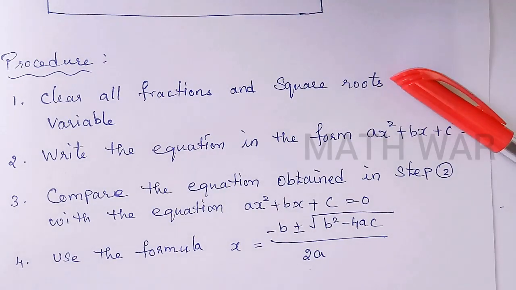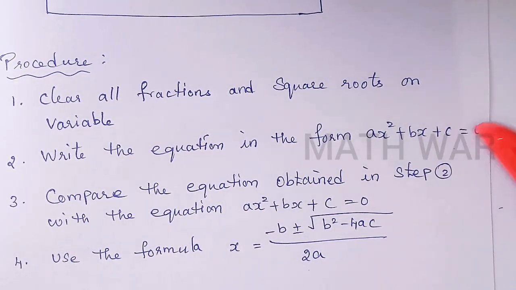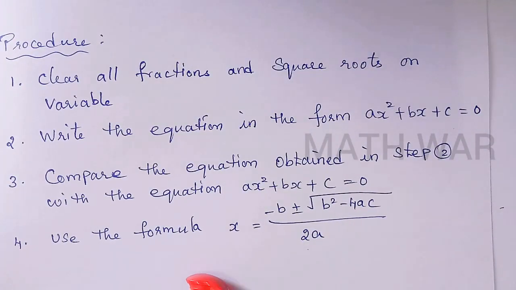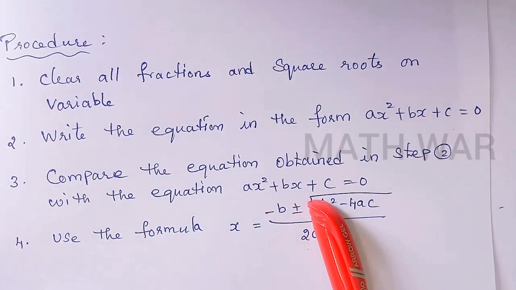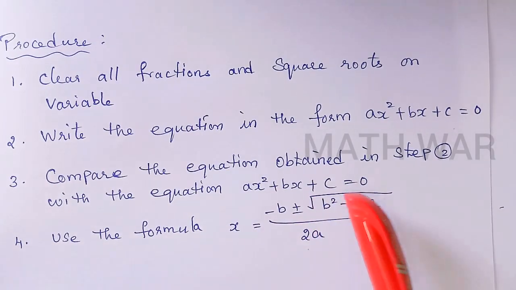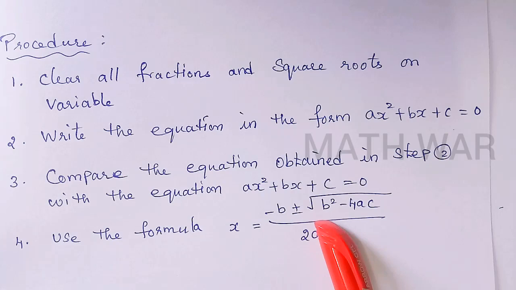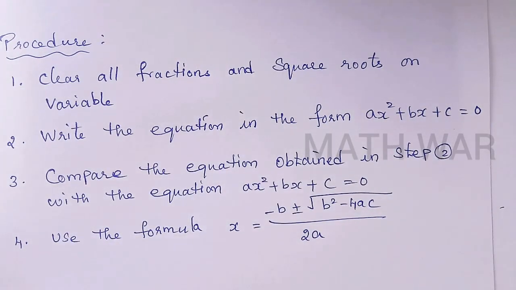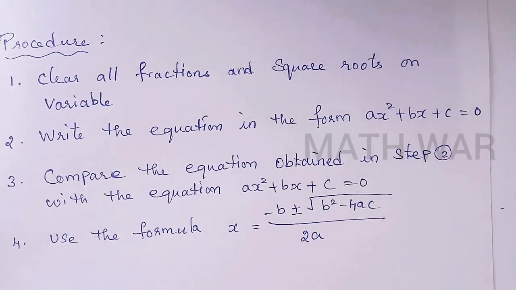After that, compare the equation with ax square plus bx plus c such that we get the a value, b value and c value. Using those values in the formula x is equal to minus b plus or minus square root of b square minus 4ac by 2a, by substituting in this formula, we will get the solution.